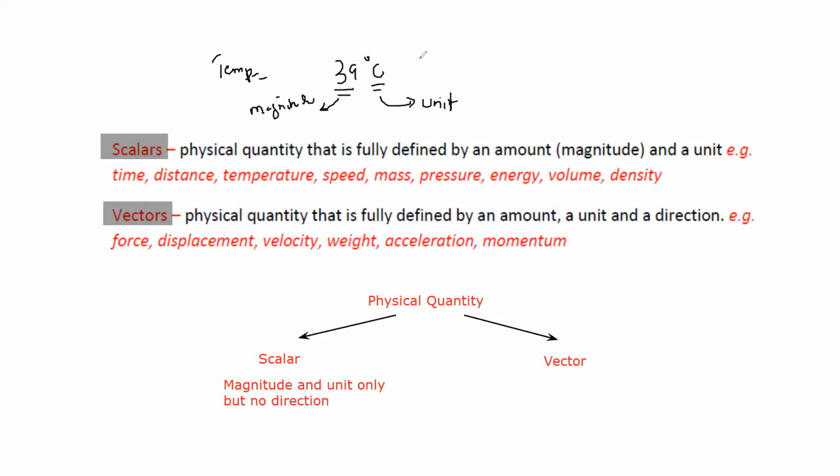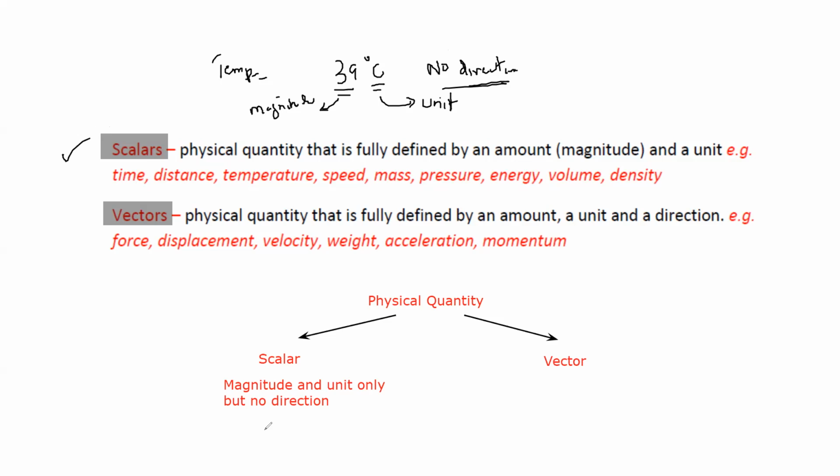When stating a temperature, you don't say temperature in north, south, east, west, upward, downward. So in this example, there is no direction involved. Whenever a physical quantity is represented without any direction, only magnitude and unit, that type of physical quantity is known as a scalar quantity.